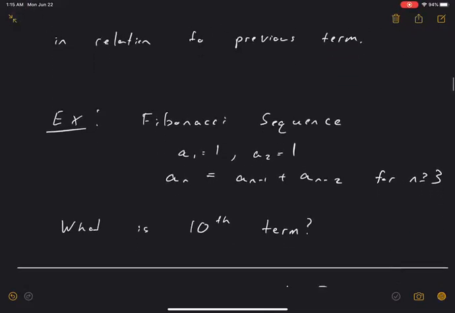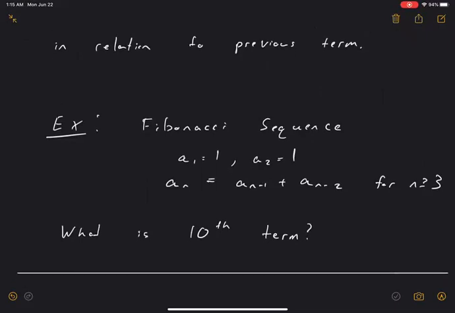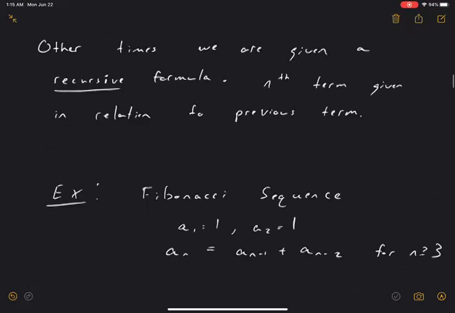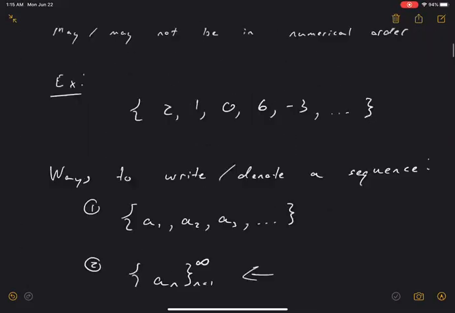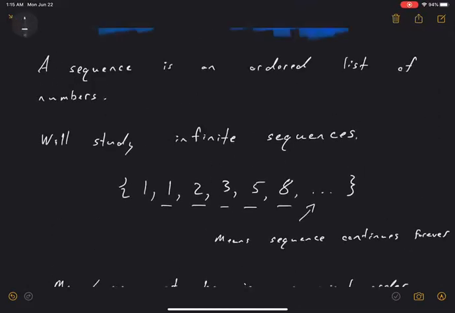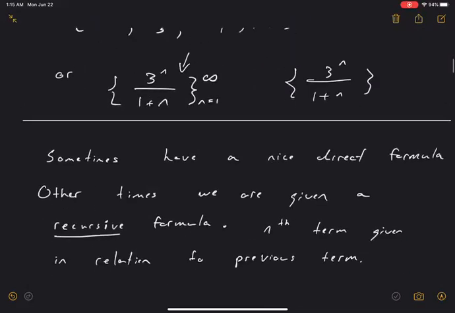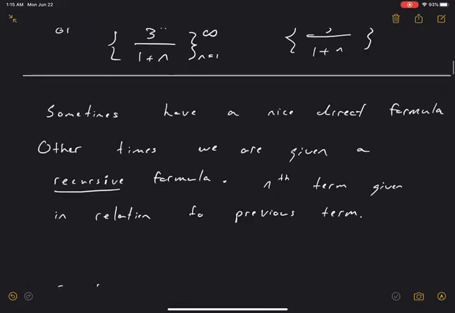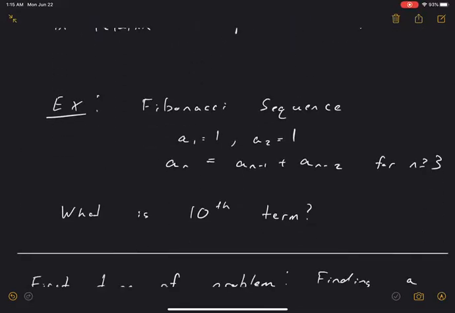Let's consider the Fibonacci sequence. If you guys have ever heard of the Fibonacci sequence, what does it look like? I actually wrote it out earlier. This here is the Fibonacci sequence. How is it formed? We're going to start, I'll go to a new page, with the first term of our sequence being 1.